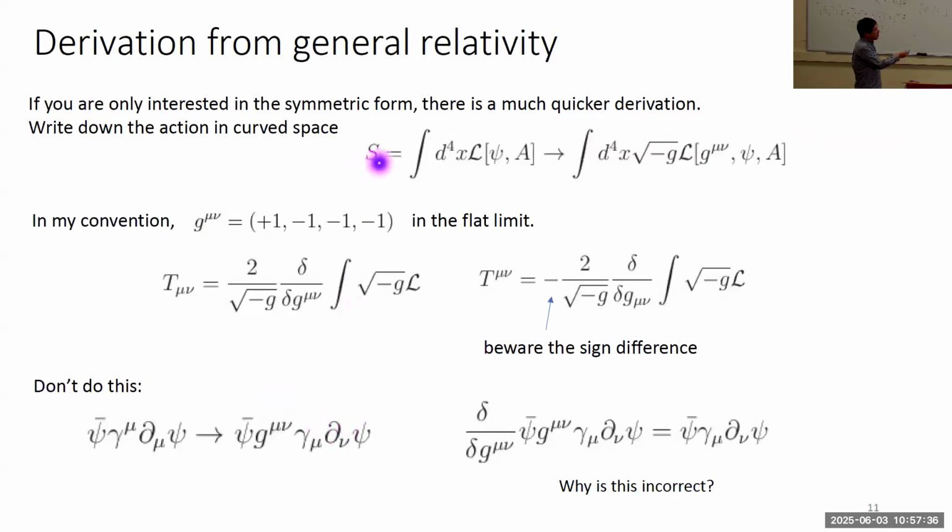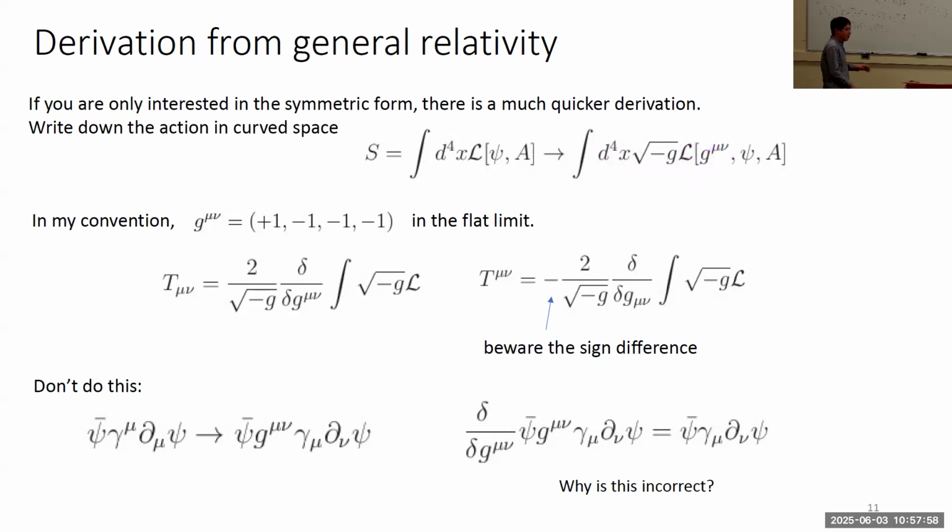Okay, so here's the procedure. You start with the QCD Lagrangian in flat space, which is a four-dimensional integral of some Lagrangian density, and you embed this Lagrangian into the curved space. So the metric is not trivial anymore. You have a non-trivial matrix, the determinant of this matrix, and you have g mu nu.